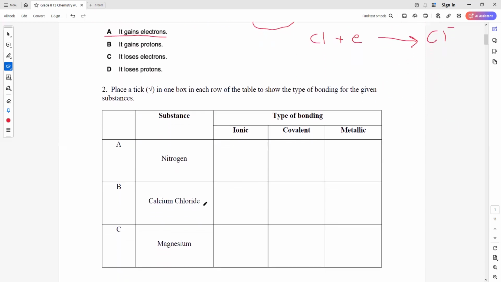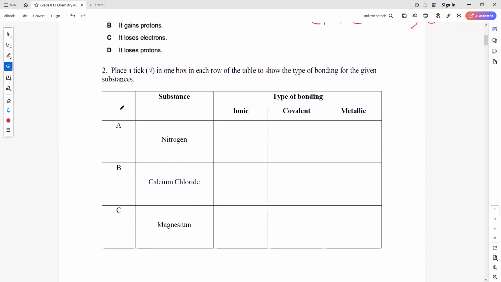So this is called anion, right? Okay. Now let's look at the second question. Place a tick in one box in each row of the table to show the type of bonding for the given substance. So here in this column, they have given some substances and here the type of bonding. So we have learned two types of bonds, right? Ionic bonds and covalent bonds.